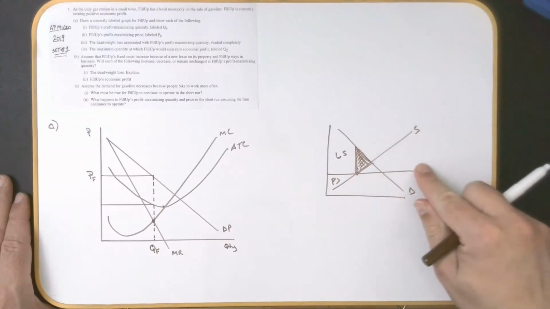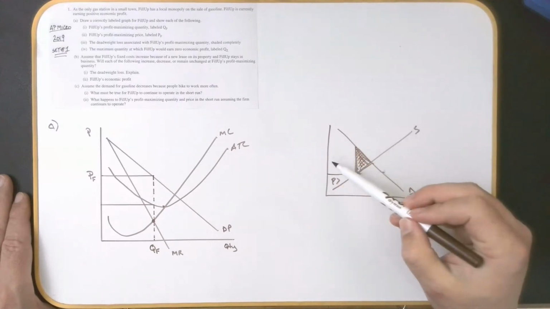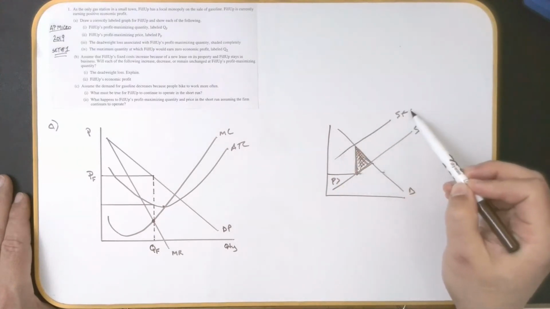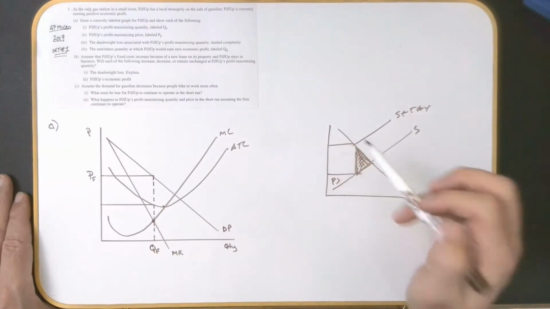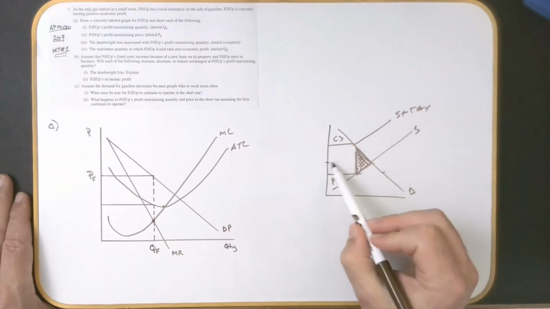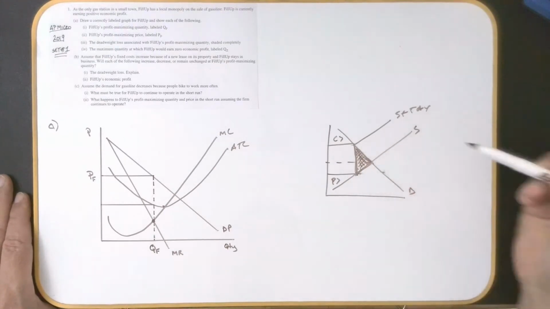The other times it can show up, maybe it was a tax. Maybe this was S plus tax, and you were doing your tax revenue box. And you had small consumer surplus, and this was divided in two. It could have been something like that. But we're frequently used to seeing this nice little deadweight loss triangle.